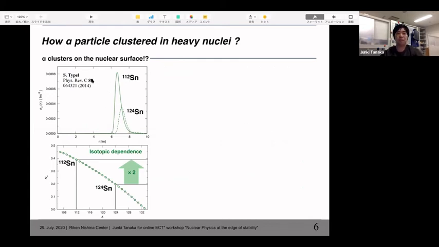The top is the same as before, and the bottom is the isotopic dependence of the number of alpha particles on the surface. The x-axis is mass number. Here is tin 112, and here is tin 124. It decreases smoothly when increasing the mass number. The number of alpha particles is almost double for tin 112 compared with tin 124.